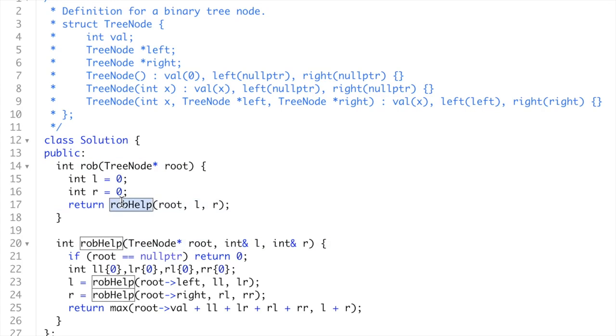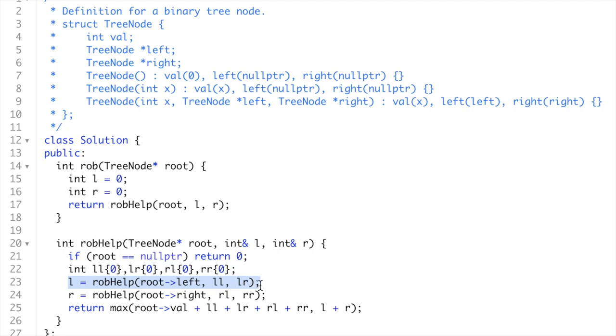And we have the helper function that takes in two additional integers, which represent the maximum money that can be robbed from the left and the right child node of the root node. In the helper function, we have our base case where we check if the root node is null. If it is null, we just return 0, meaning no money can be robbed.